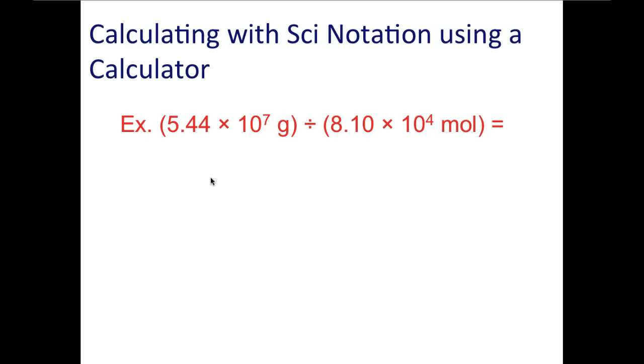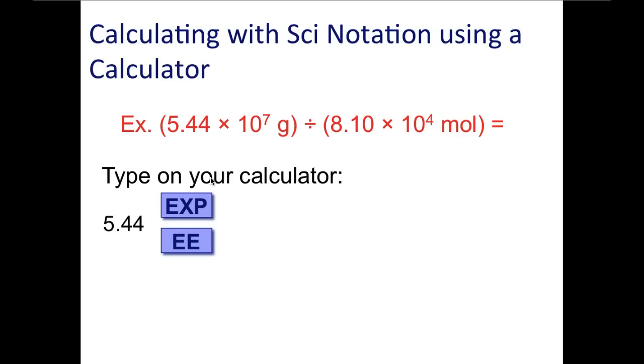Now what about when we have to calculate using scientific notation in a calculator? This is what most students have problems with, is typing these questions into your calculator. So let's look. Type on your calculator 5.44, and depending on what calculator you have, you're either going to hit EXP or EE, and then 7. The EXP and the EE button deal with your times 10.